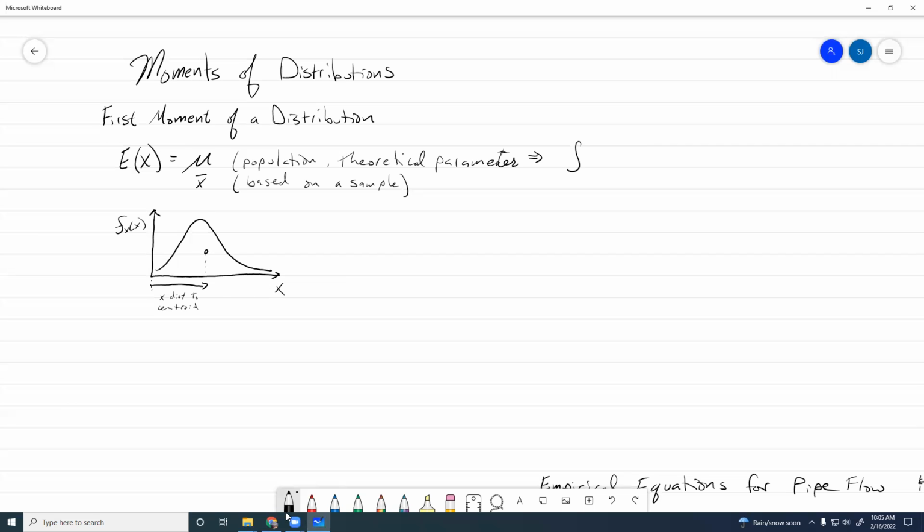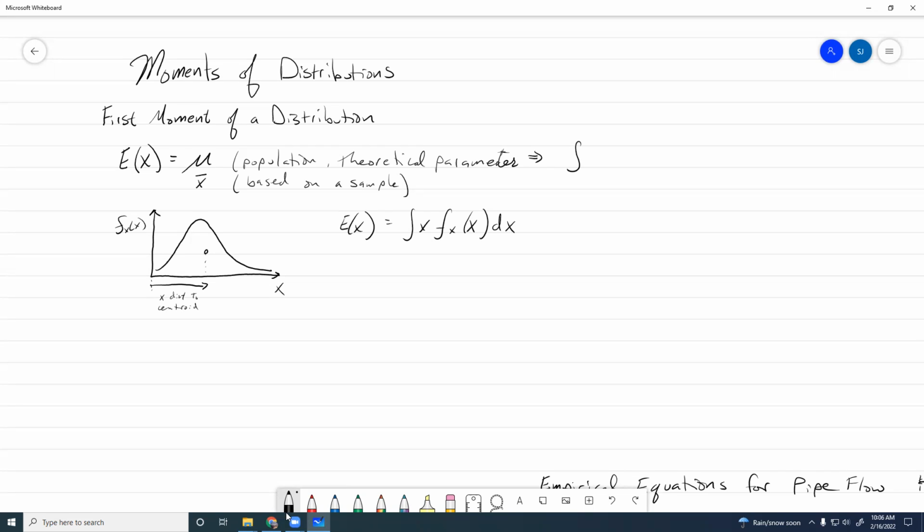And that is mathematically defined as, expected value of x is equal to the integral of x times the distribution function dx.